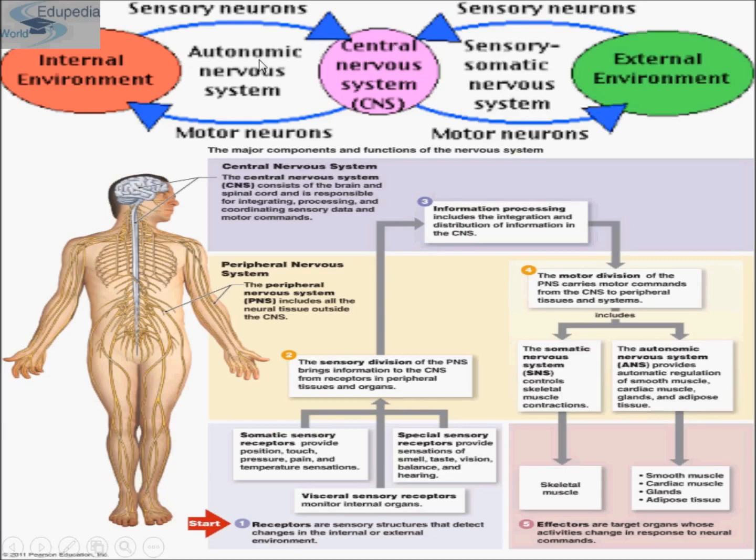Whereas your autonomic nervous system provides automatic regulation of smooth muscles, cardiac muscles, and adipose tissues. So these are your effectors, that means they change the response to the neural commands. I hope this chart is pretty clear to you.